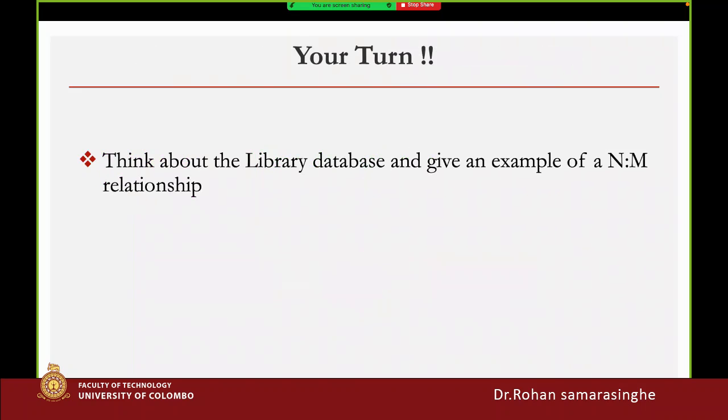Then think about the library database and give an example of a many-to-many relationship. These are homework, and next week I will check these relationships, one-to-one, one-to-many, and many-to-many, of the library database. Okay.